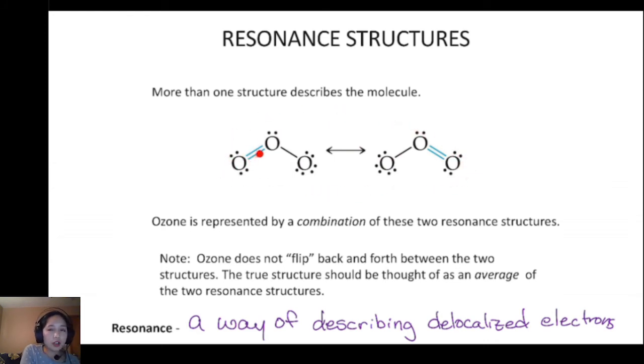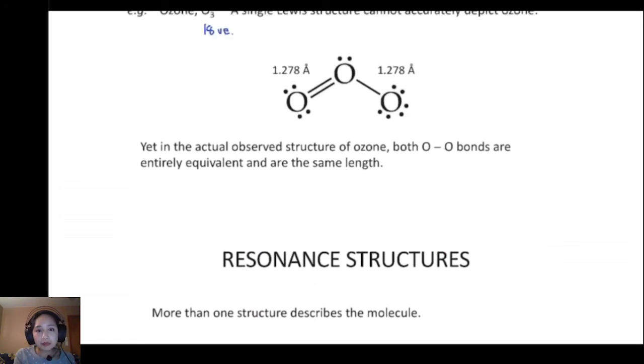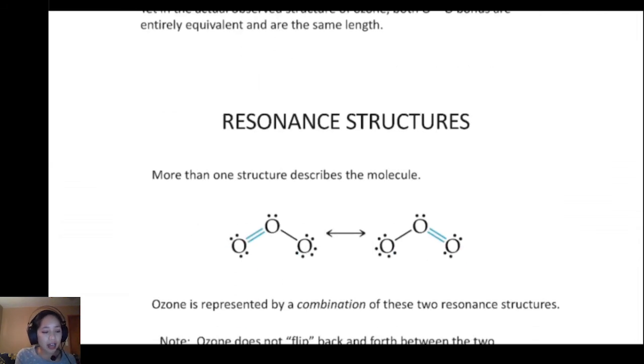So one side of the molecule isn't necessarily a bond order of 2 with the other having a bond order of 1. We actually see an average of the two bond orders. And that's why when chemists look at the bond lengths between these oxygens, the values are the exact same, because we essentially have an average between a bond order of 1 and 2.